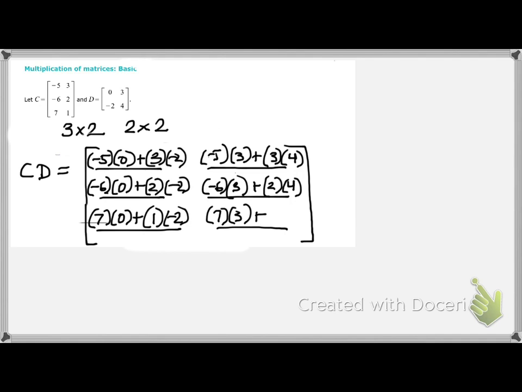All right, so this is using all of the rows and columns appropriately. And then from there, I'm doing the basic arithmetic.